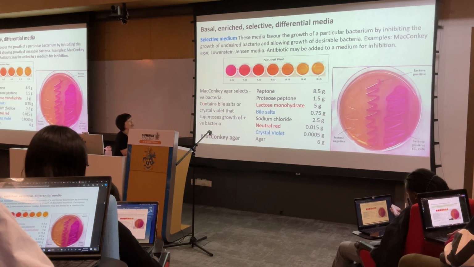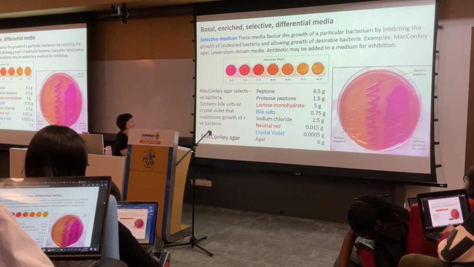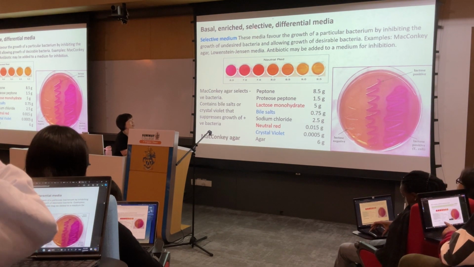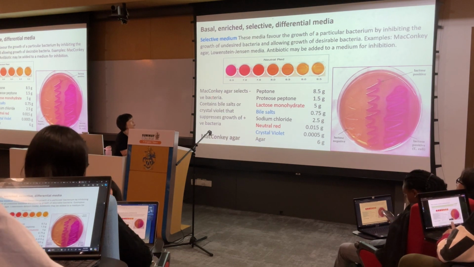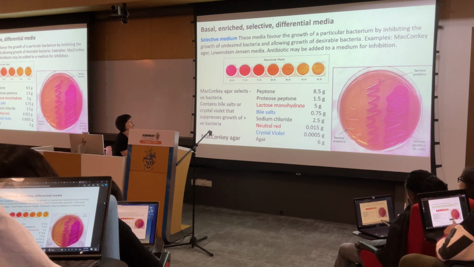It doesn't mean that it cannot enter, it's just slowing it down. All right? So MacConkey agar is selective. It has a selection that favors gram-negative but goes against gram-positive.